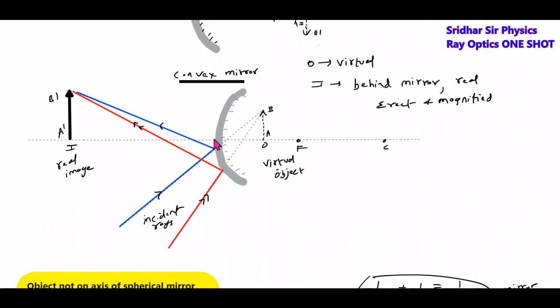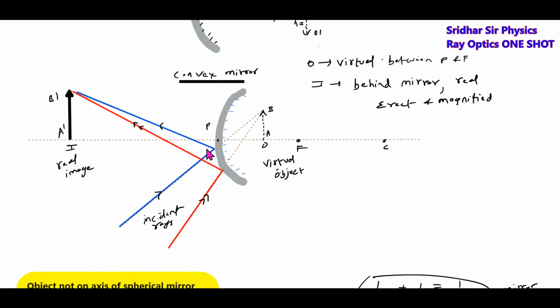Now if the virtual object is between pole and focus, what about the image? The image formed will be real, erect and magnified.